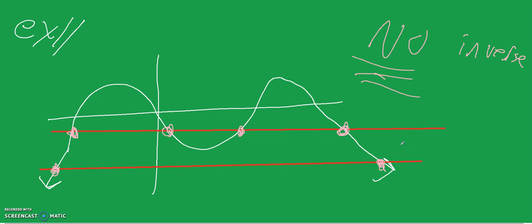The reason there's no inverse, going into a little bit more detail, is because when I look at the inverse of a function, I switch my x's with my y's. My y's become x, and my x becomes y. And remember, for something to be a function, it has to pass the vertical line test.